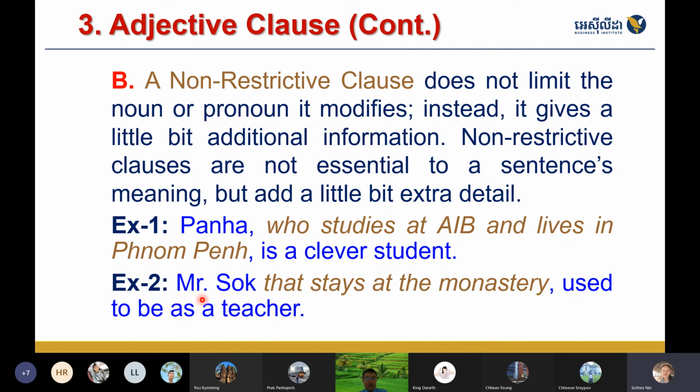Example 2. Mr. Sok, that stays at the monastery, used to be a teacher.